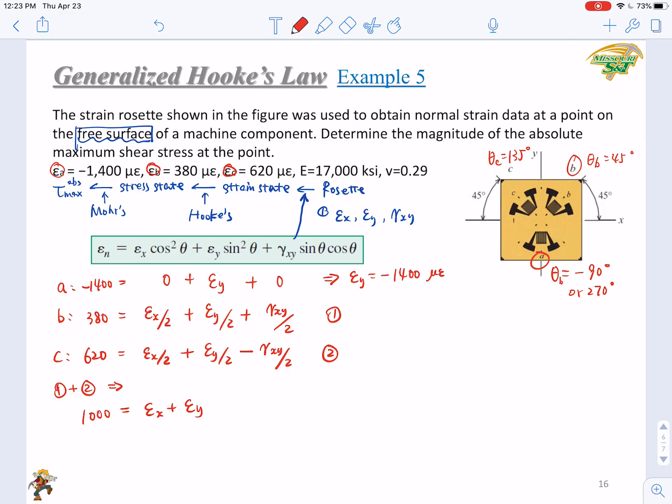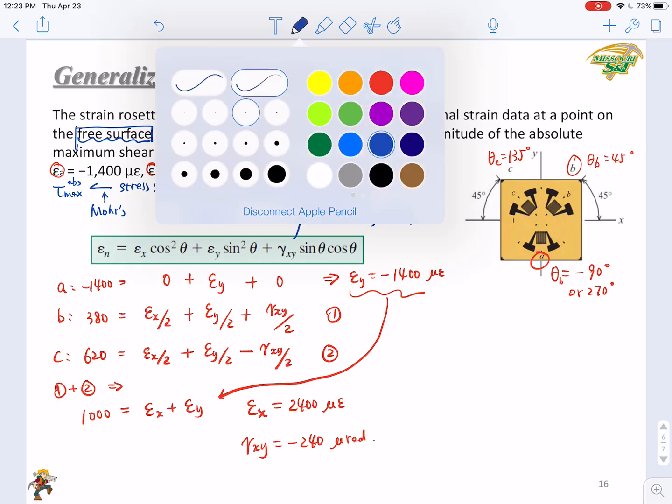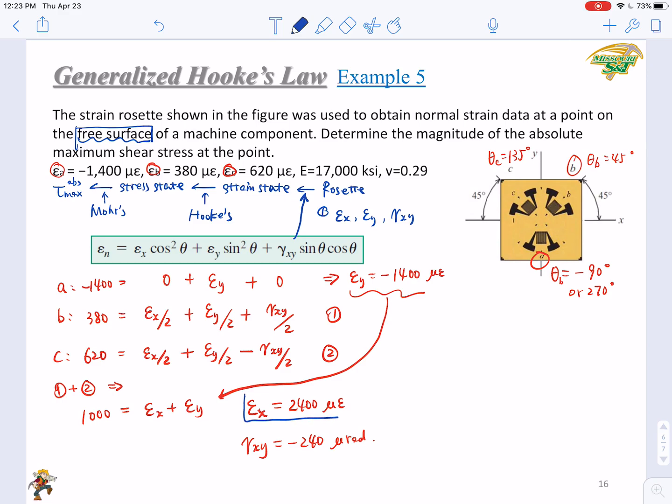Since epsilon y has been determined here, you will be able to solve that epsilon x equals 2400 microstrain. Then you can solve that gamma xy using either equation 1 or equation 2. I solve that gamma xy is negative 240 microradian. Okay, so now we have determined the strain state. The strain state here is epsilon x, epsilon y, and gamma xy.